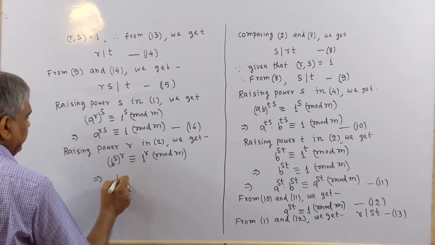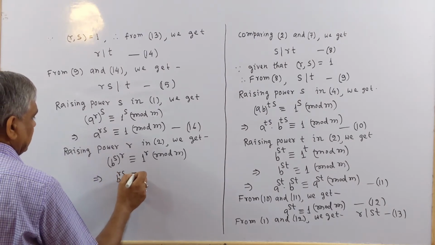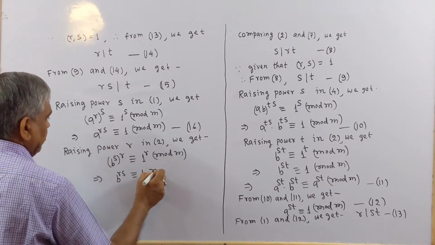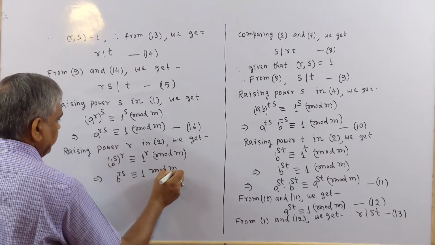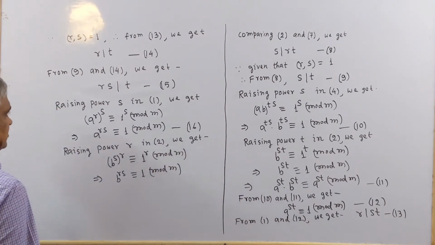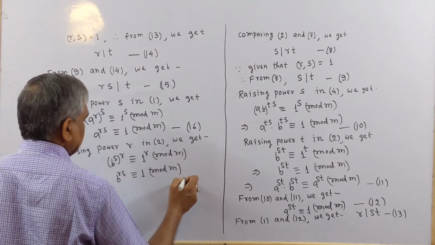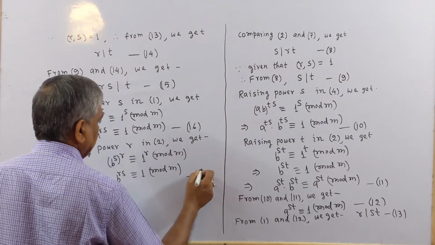Implies that b to the power rs is congruent to 1 modulo m. Let this be number 17.